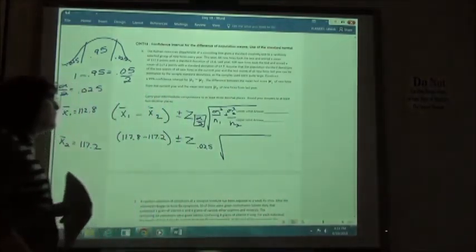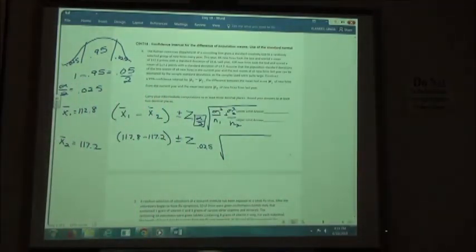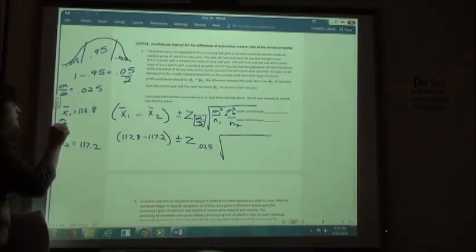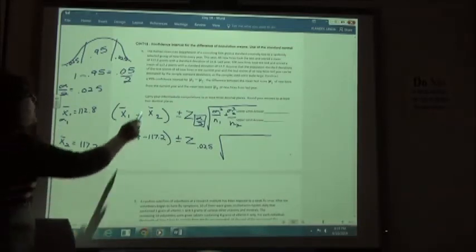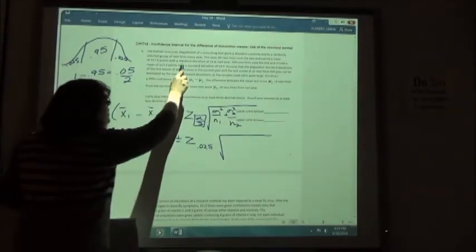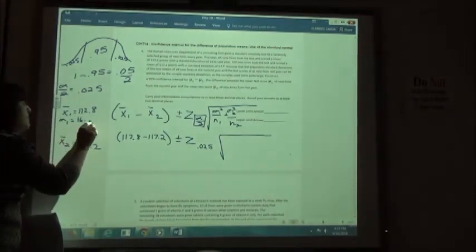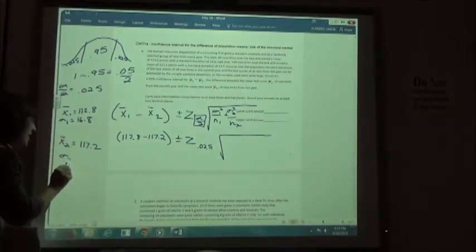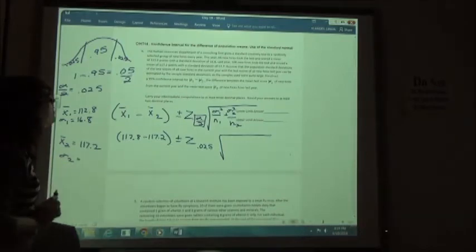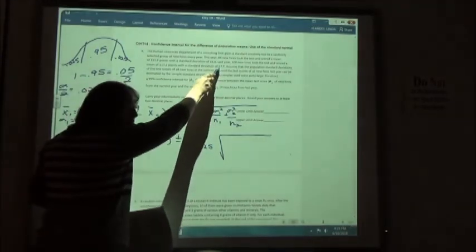Square root of, now I've got to find my standard deviation squared for each of those. So my standard deviation 1 would be my current year standard deviation, that was the 16.8. My standard deviation 2 was last year's standard deviation, which is the 17.7.